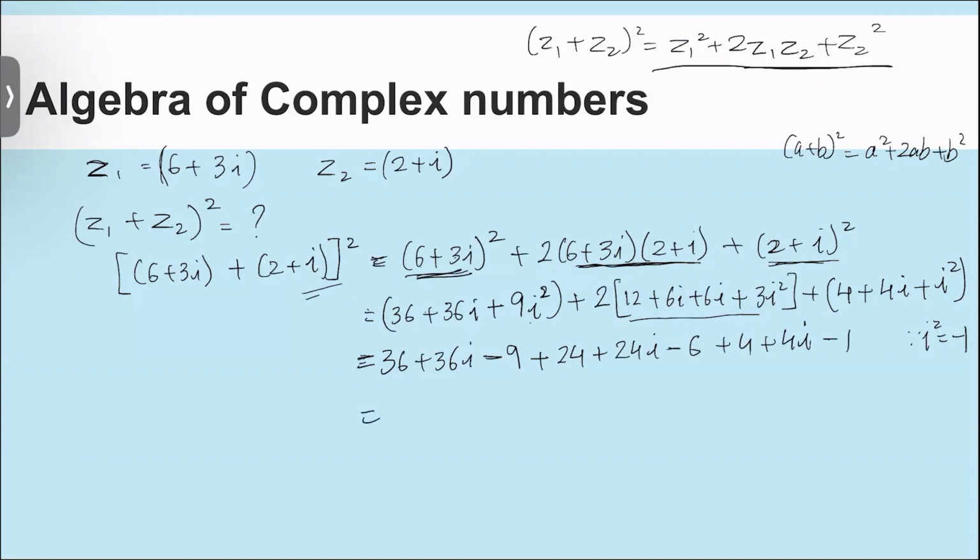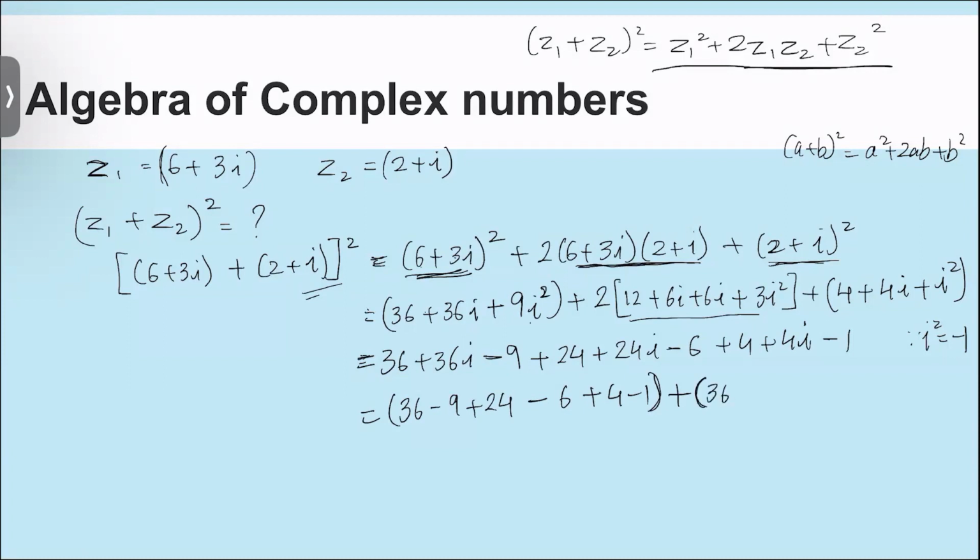So now what we do is we take all the real numbers on one side, and we will club the imaginary numbers on the other side. So you have 36 minus 9 plus 24 minus 6 plus 4 minus 1. So all the real numbers we have taken on one side, then we put plus, and we take all the imaginary numbers to the other side.